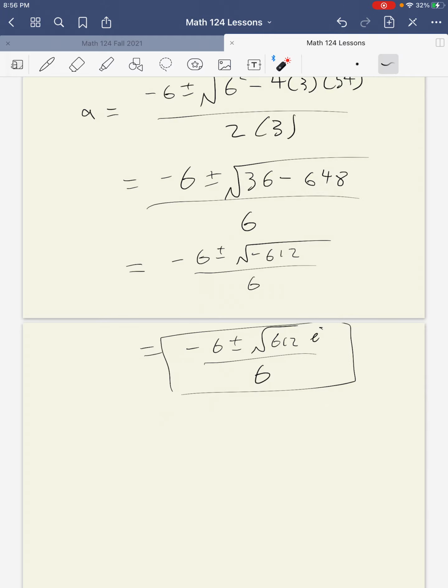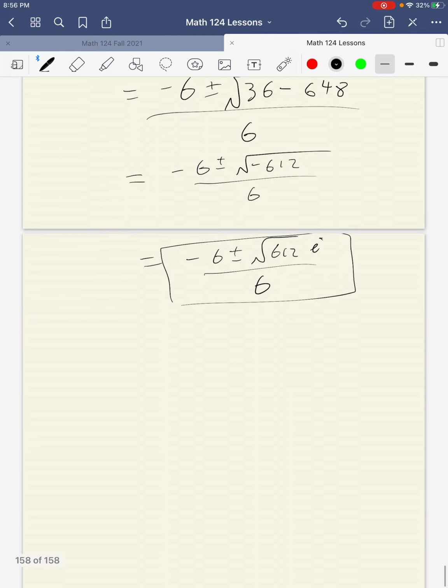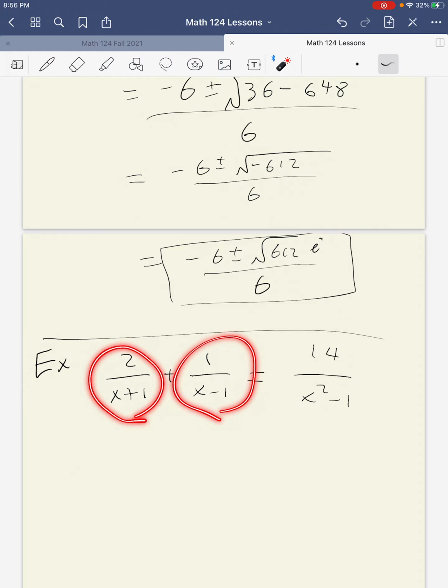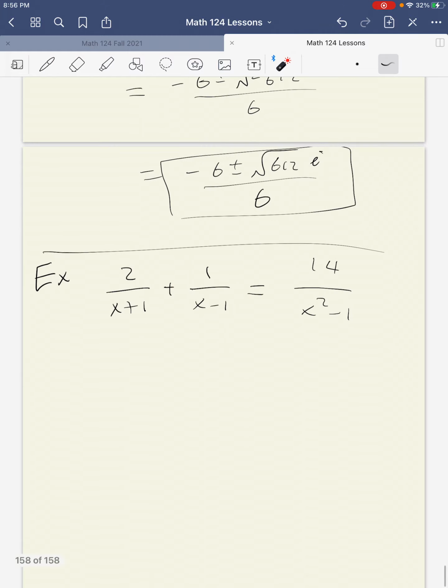Let's look at another example. Say we have 2 over x plus 1 plus 1 over x minus 1 equals 14 over x squared minus 1. Okay, so again, same idea, we just want common denominators.